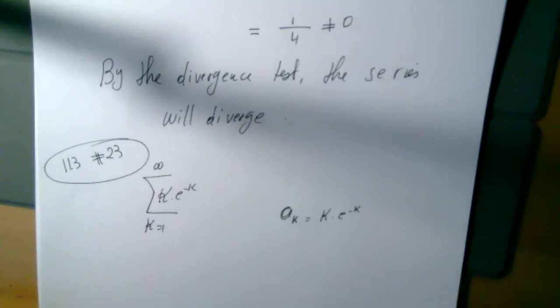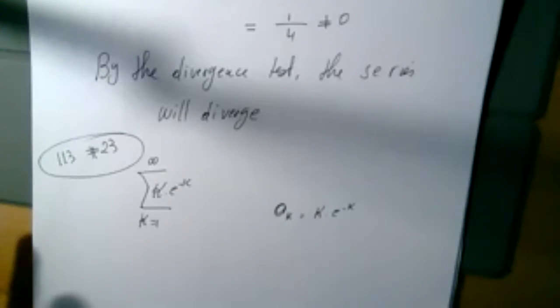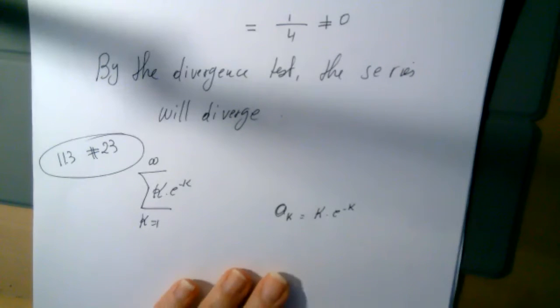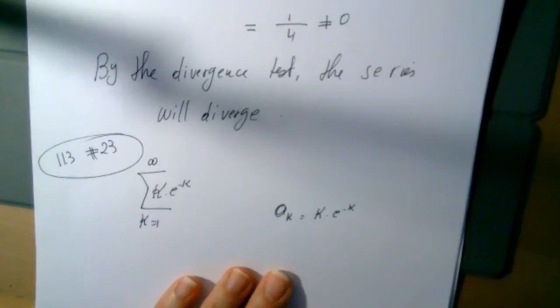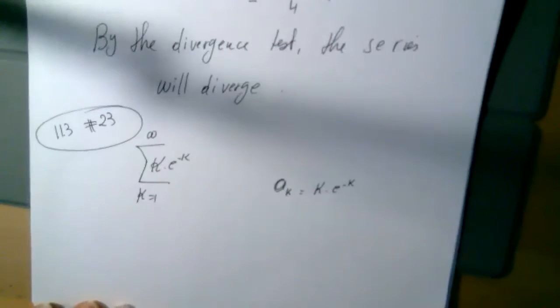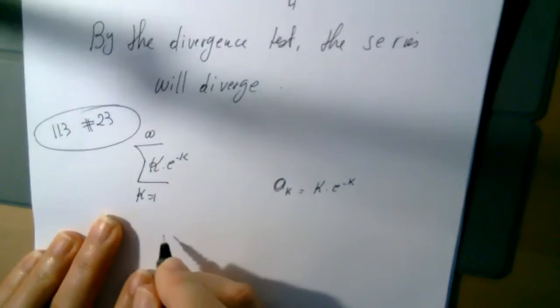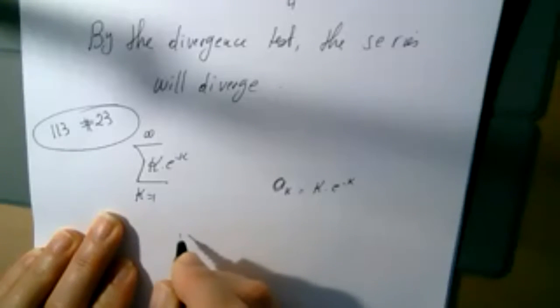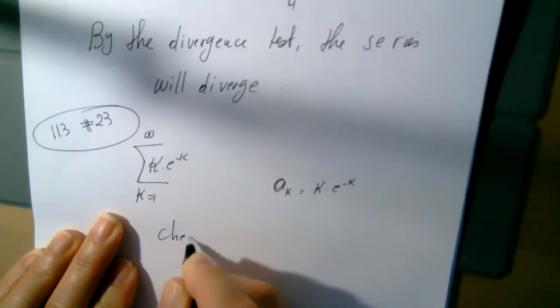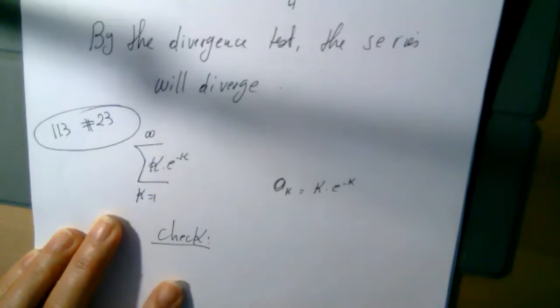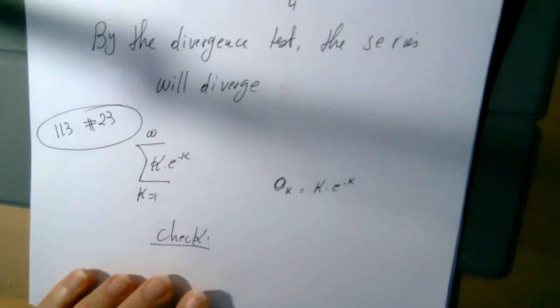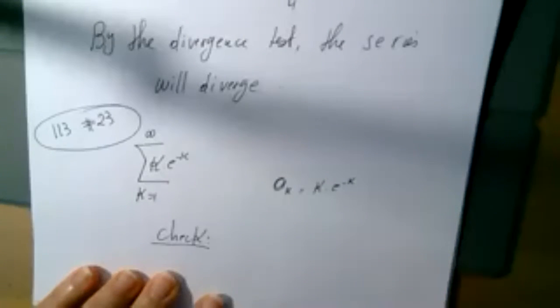Okay? And when k goes to infinity, just intuitively, what happens to a_k? So just on the side, just for a check. Whenever I see a k, I just glance at it and ask myself, what happens when k goes to infinity?